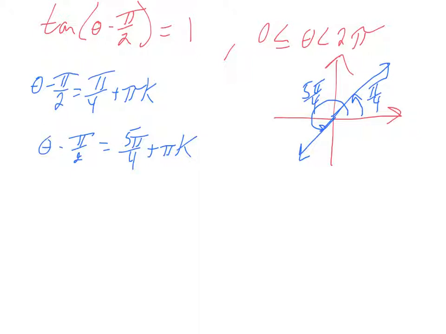Actually, now that I'm thinking about it, we don't need to check 5 pi over 4 because once again, the period of tangent is pi. So if I add pi k to pi over 4, what am I going to get? I'm going to get 5 pi over 4. So instead of doing it that way, because we're going to get all sorts of repeats, when you're finding the general solution, just stick to the actual period of the function.